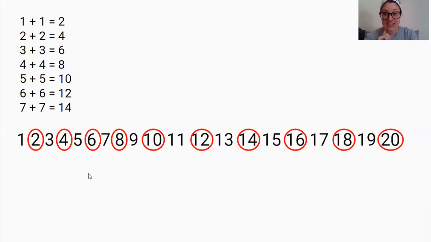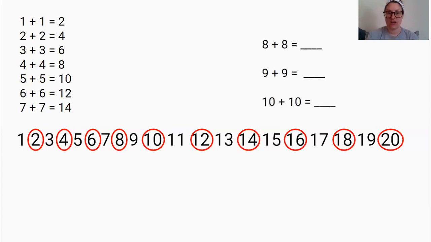And the neat thing is, all of those numbers are even. We'll talk a little bit more about what that means in just a second. But let's see if we can figure this out. Looking at the patterns over here, 2, 4, 6, 8, 10, 12, 14, what would 8 plus 8 be? You can use this number path to help you.